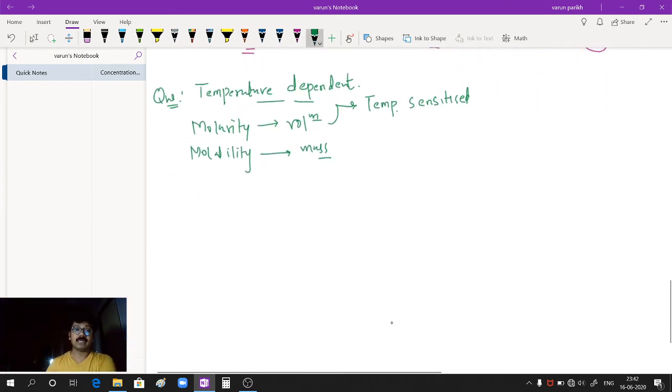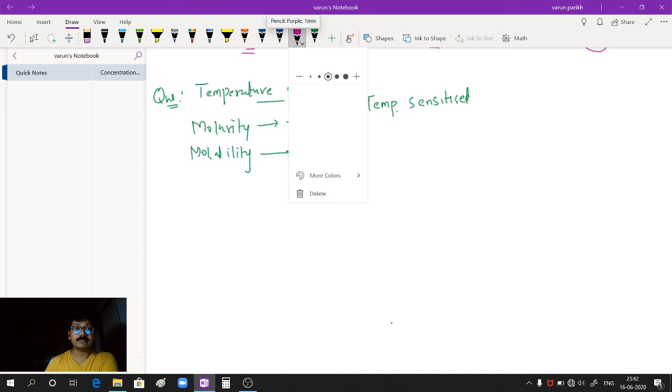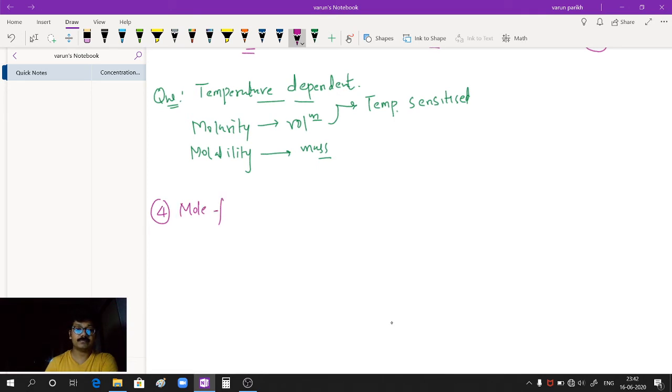Let's go for the last term of concentration for this class 11, and that is mole fraction. The name itself says it is a fraction, a fraction of moles.